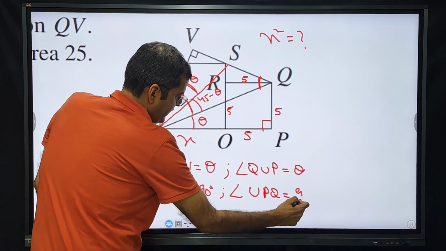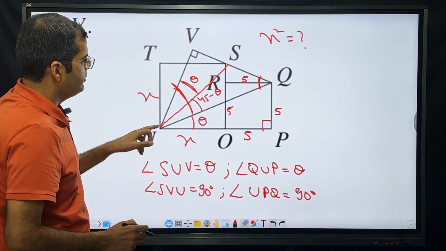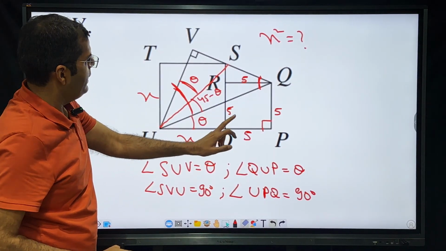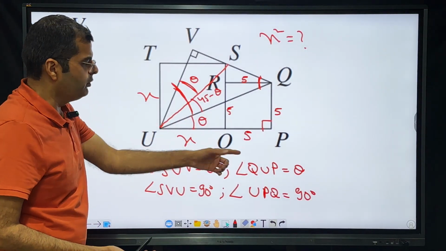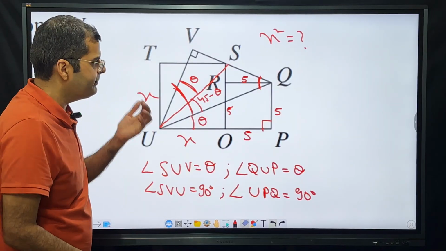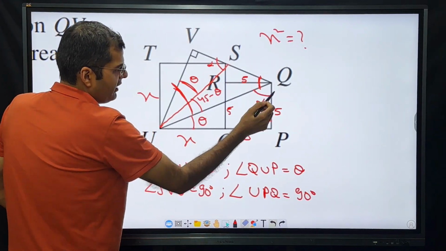So if I compare these two triangles, VSU and PQU, those are similar triangles because two of the angles are the same, so the third angle has to be the same. Let this angle be alpha, then this will also be alpha.